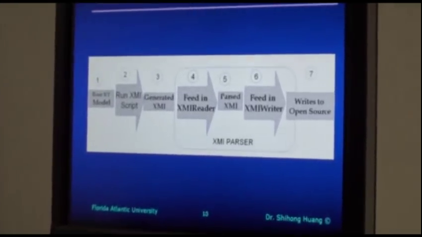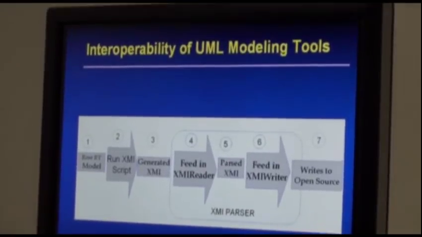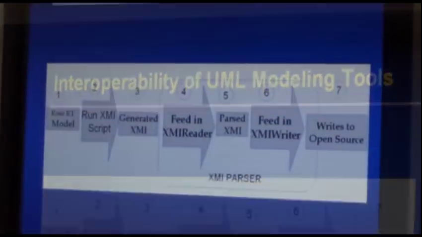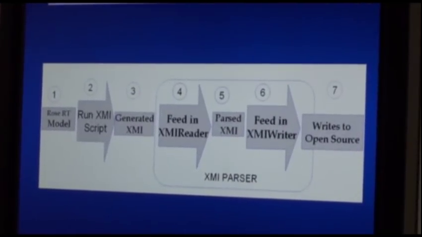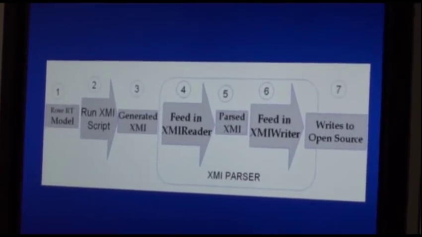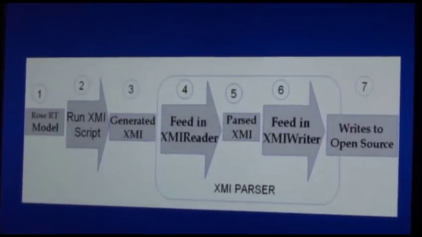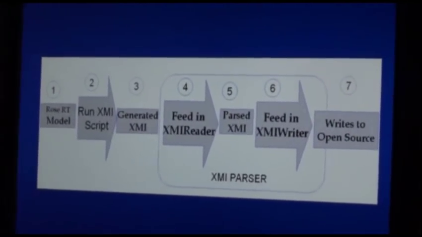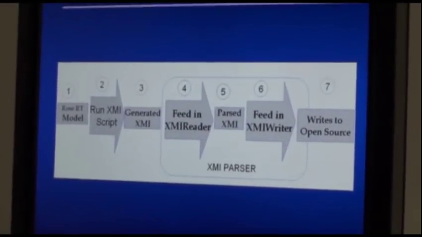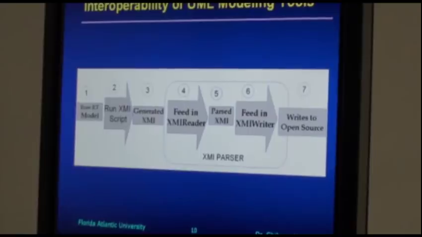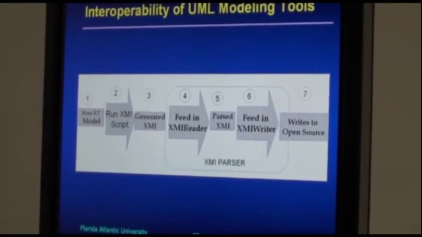Another work done by our student right here is the interoperability of UML modeling tools. When you draw a diagram using one UML tool, it cannot be imported or displayed by the other UML tools. So how could we make those UML diagrams interoperable between different UML modeling tools? That's the focus of this research.